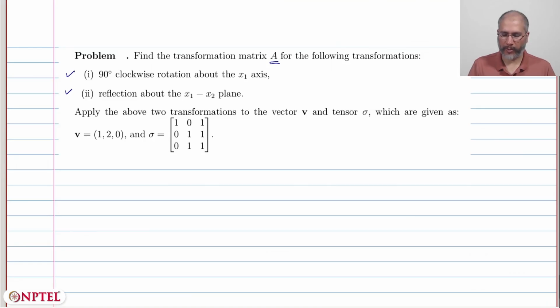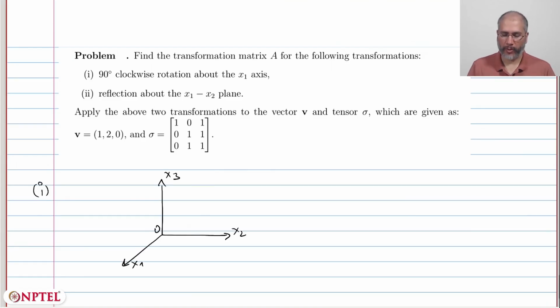Now we have talked about rotations, we haven't talked about reflections, but I just wanted to mention this because you should not take it as a fact that the transformation rule we have developed only works for rotations. It does work for other kinds of transformations as well, except that for us in continuum mechanics, we mostly require the rotational transforms. So let's solve this problem.